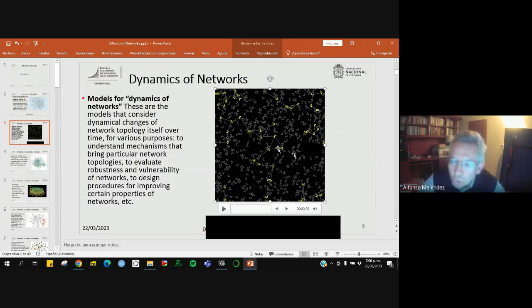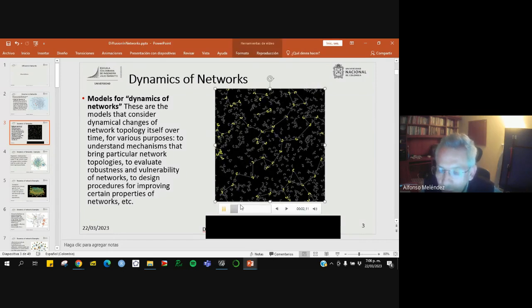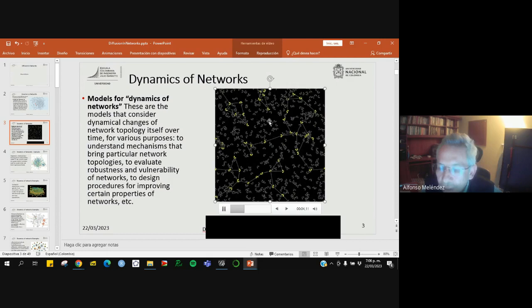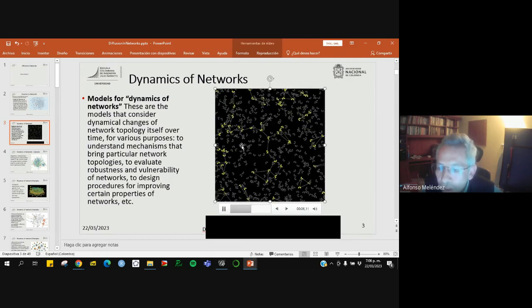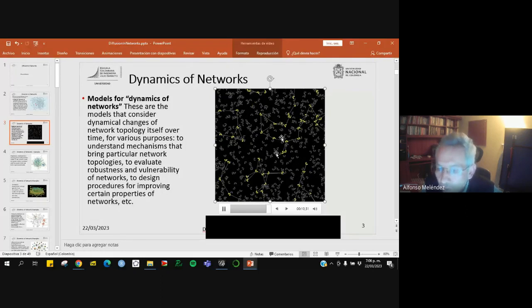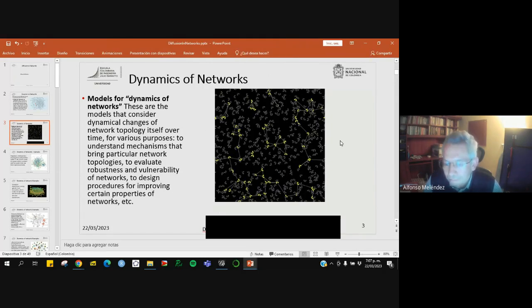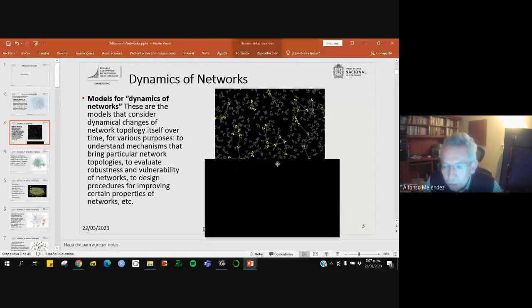Before discovering the small world model, they studied an important scientific topic, synchrony, how these fireflies are synchronized. So the problem of synchronization is a very important problem, and network science has to do with that problem. But I show you this as an example of a model of dynamics of networks, okay? I don't know if there are questions.